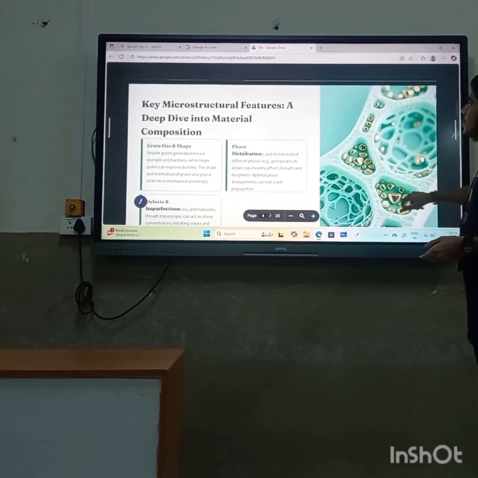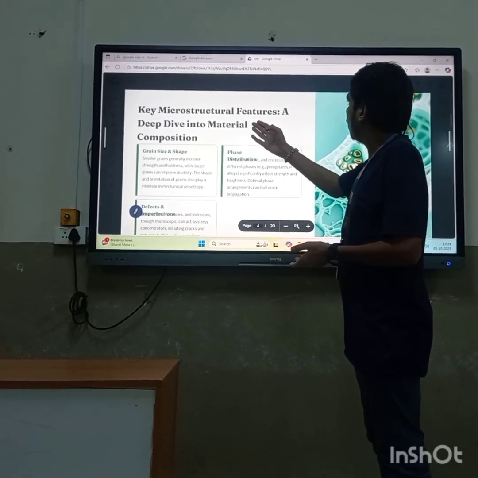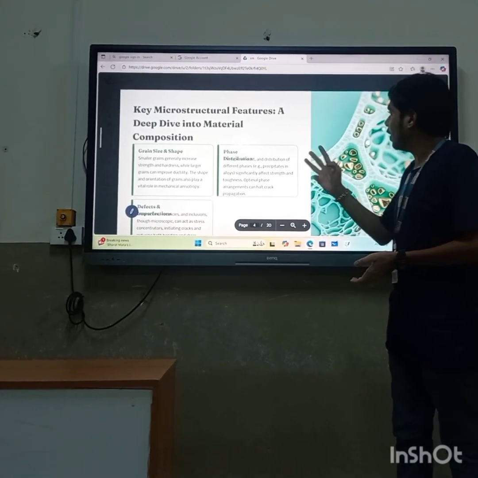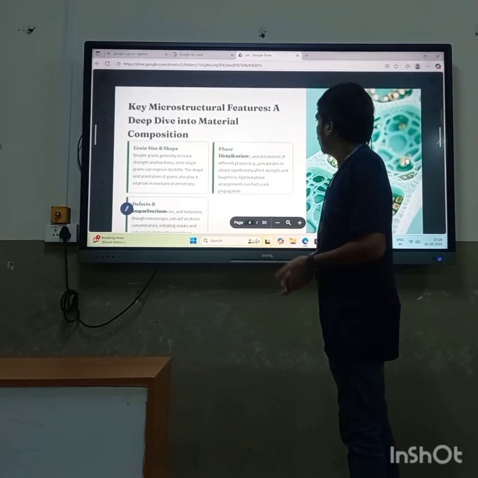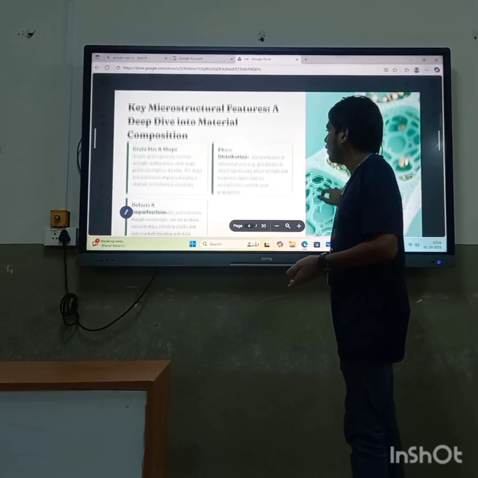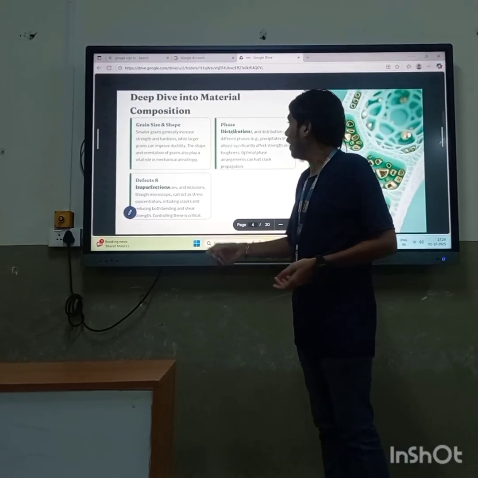Key microstructural features: a deep dive into material composition. There are three components: grain size and shape, phase distribution, and defects or imperfections. Smaller grains generally increase strength and hardness.